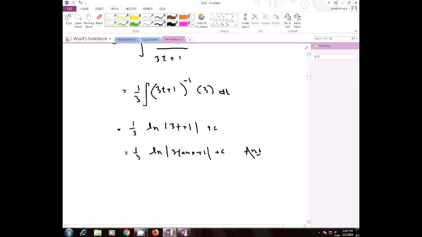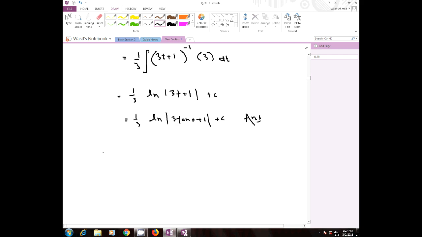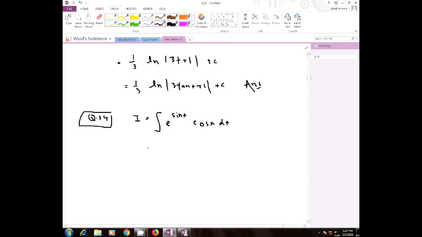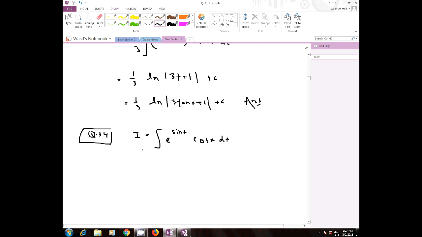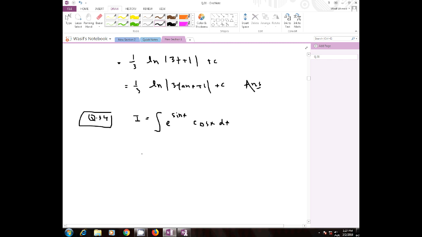The next question is e raised to the power sin x cos x dx. This is also a very simple basic question. You can see that the derivative of sin x is given, and therefore we can put t is equal to sin x, so that dt is equal to cos x dx.